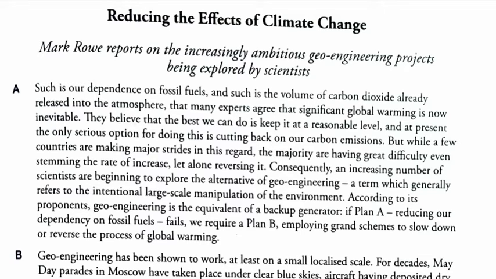They believe that the best we can do is keep it at a reasonable level, and at present, the only serious option for doing this is cutting back on our carbon emissions. But while a few countries are making major strides in this regard, the majority are having great difficulty even stemming the rate of increase, let alone reversing it.